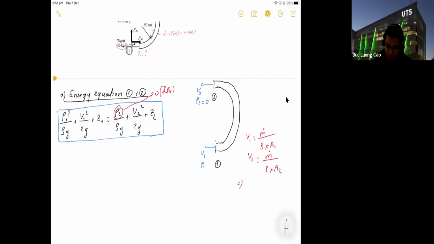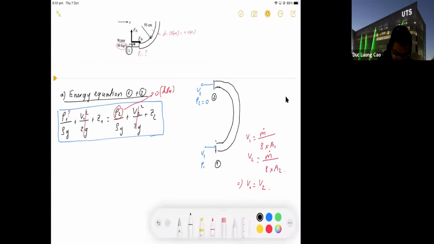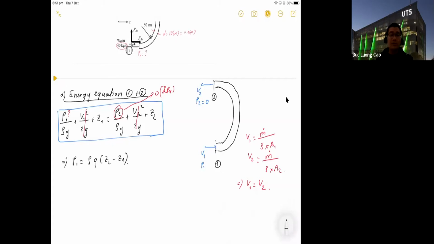It means V1 equals V2: same diameter, same velocity. So you can cancel out the kinetic energy, and you don't have to find V. It means you will have P1 equal to rho g times (Z2 minus Z1).